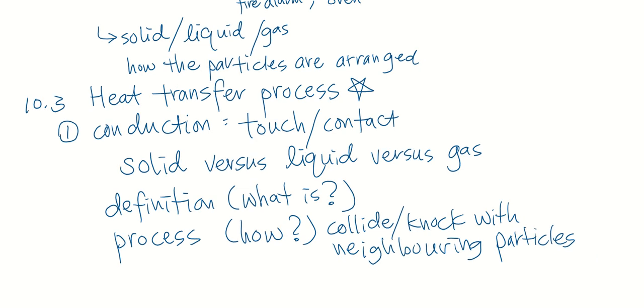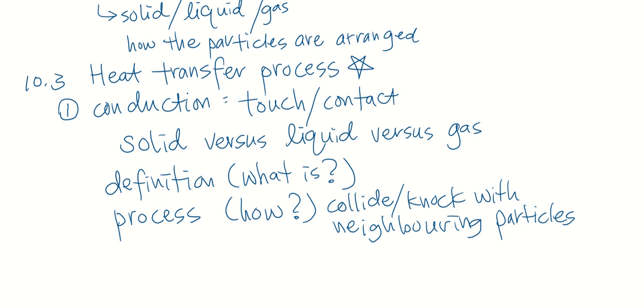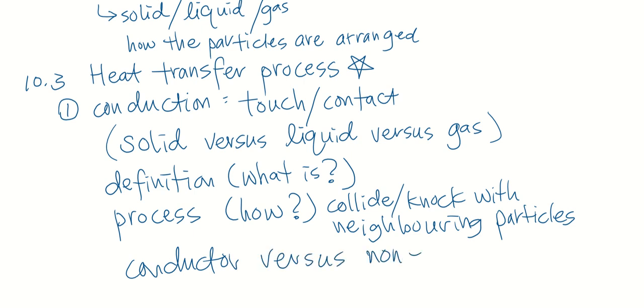Okay, so we have covered the definition. What is conduction? It is inside your notes. Okay, how is conduction carried out? Anything else? We also have solid versus liquid versus gas. We also have conductor versus non-conductor.